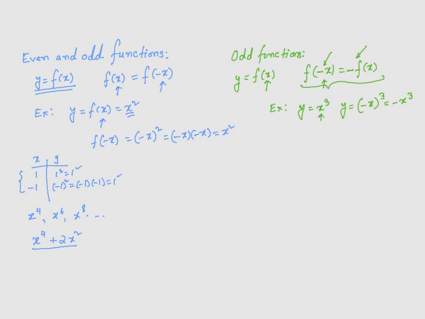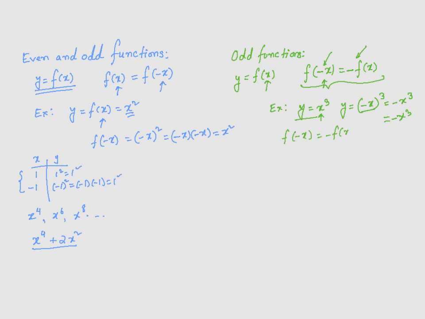You can do the calculation: negative x times negative x times negative x is negative x cubed. It's going to be negative y, right? So in this particular case, we just found that f of negative x is equal to negative f of x.